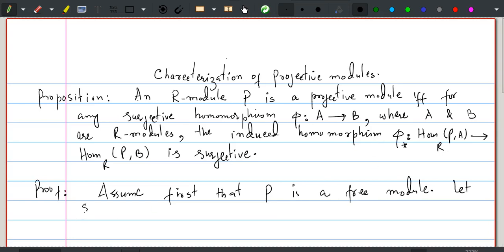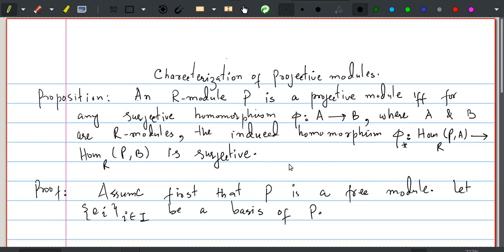Let e_i, where i is in some index set I, be a basis of P. So phi from A to B is a given surjective linear map.